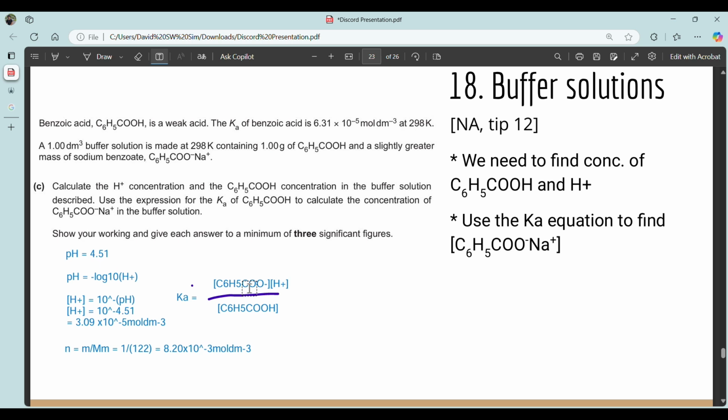We just need to find the concentration of benzoate, C6H5COO-. So how do we find the concentration of this thing? Basically quite easy.